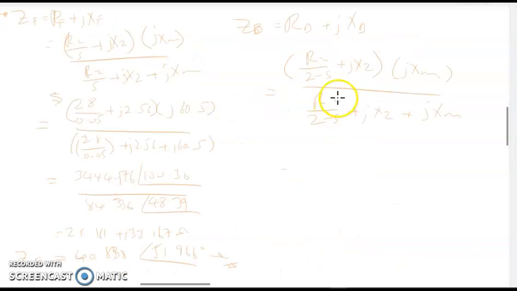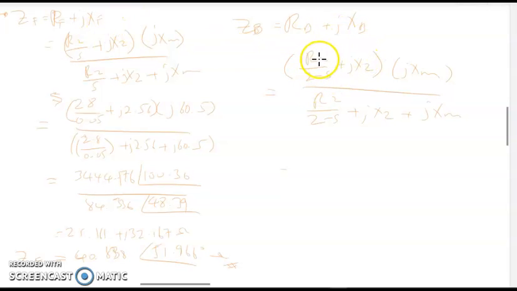Okay, then you calculate the Z backward, the Thevenin equivalent impedance. So Z backward is equal to RB plus JXB. Same like Z forward, RF plus JXF, so RB plus JXB.